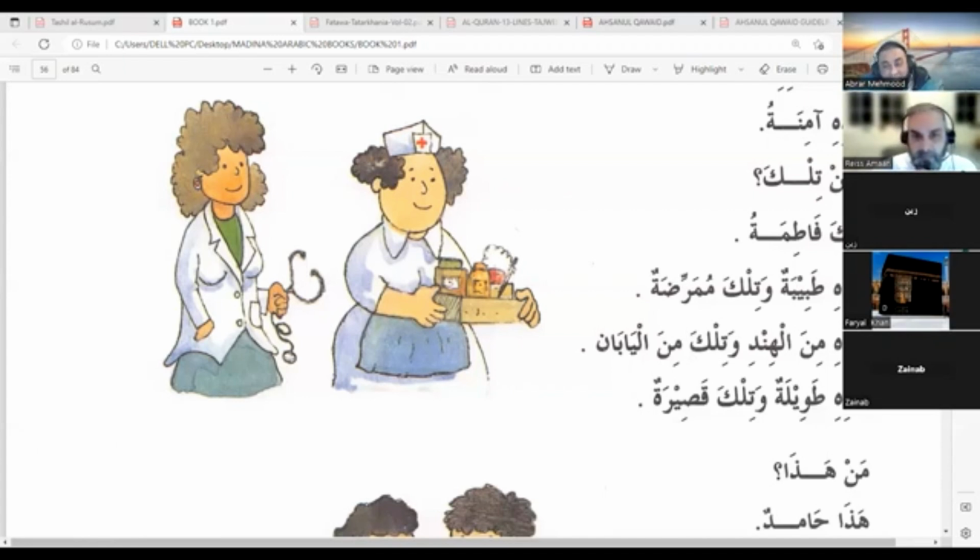So here, هذه is referring to يعني هذه طبيبة من الهند. وتلك is referring to ممرضة, as we saw in the above sentence. وتلك يعني وتلك ممرضة min al-Yabani. Now it makes sense that this doctor is from India and that nurse is from Japan.